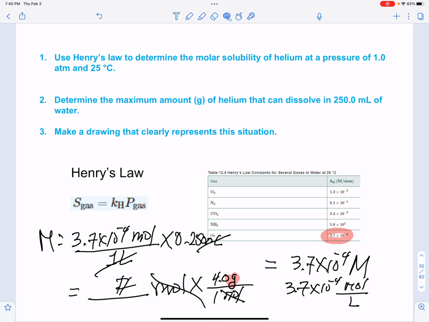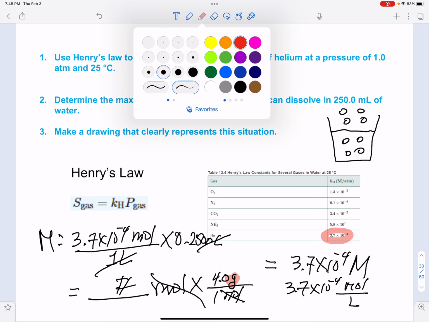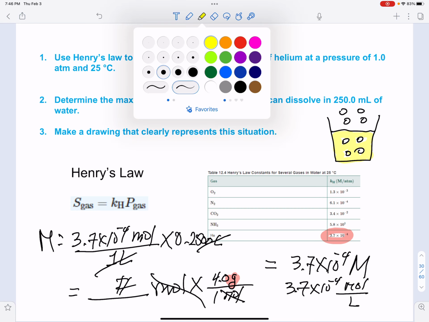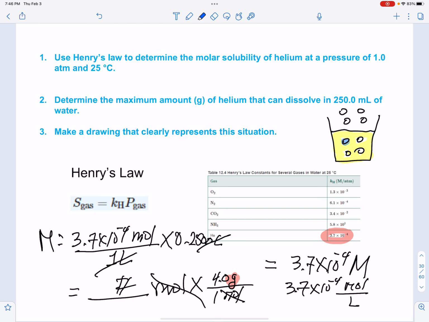Well, the drawing can be: I have a solution, I have gas molecules of my solute in there, and I also have my solvent. And my solute is gonna be represented like this.